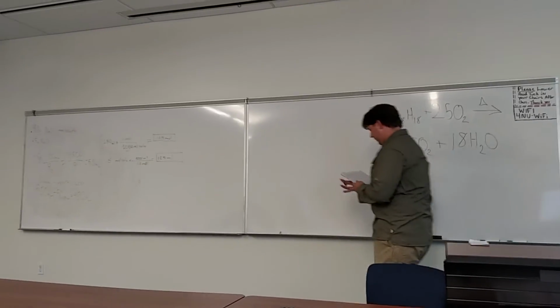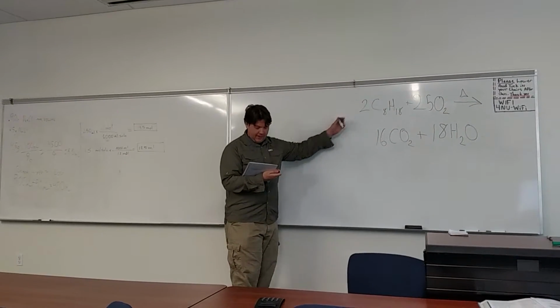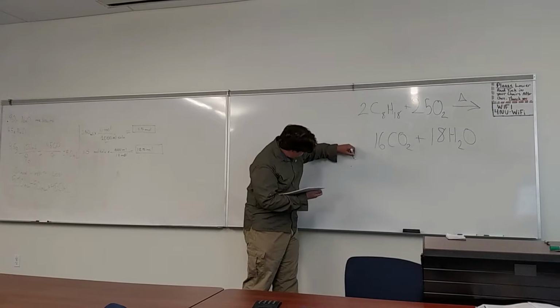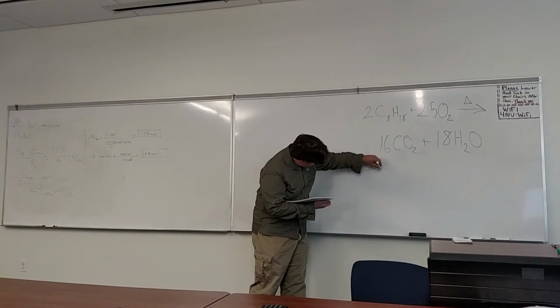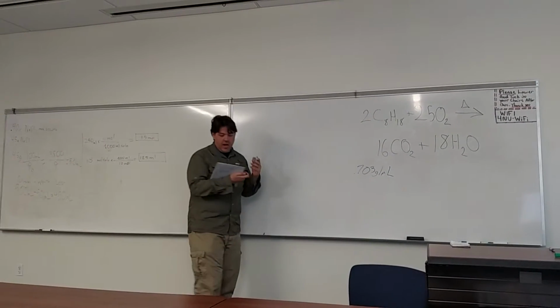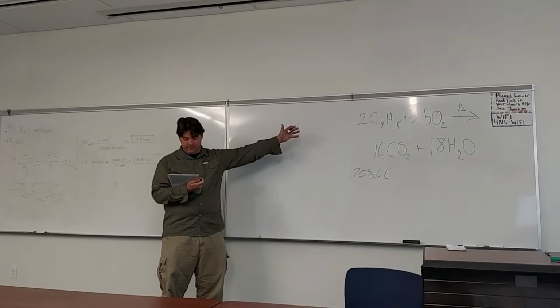So our first question is, given this chemical reaction and a density of fuel of 0.703 grams per milliliter, how many liters of octane are used in this combustion reaction?